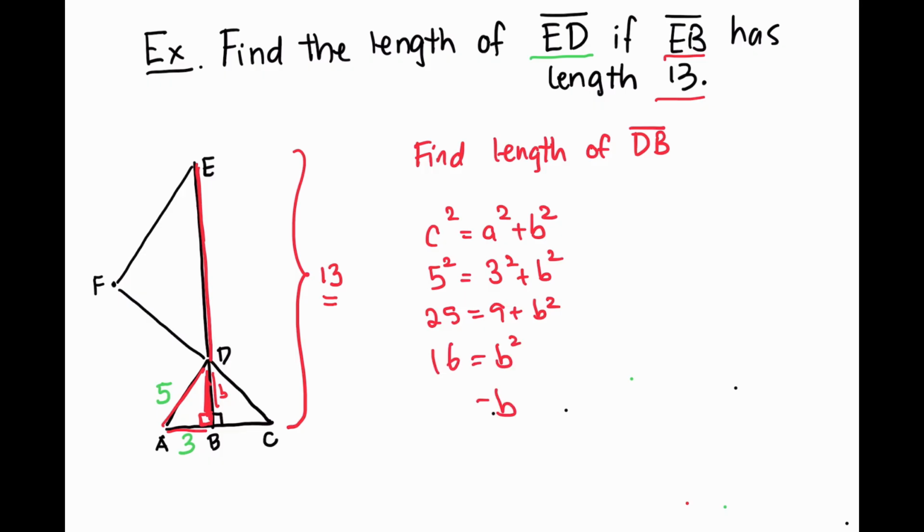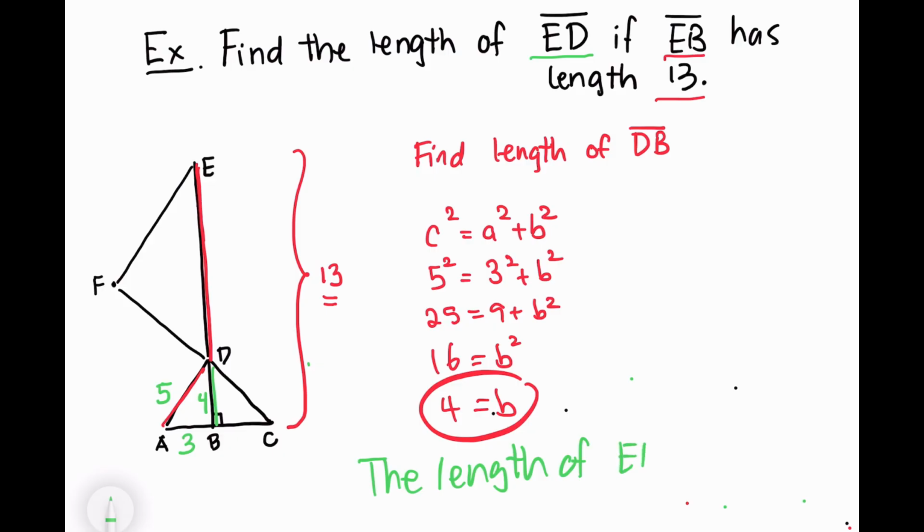So b is equal to 4. So we can actually find the length of this side, and it's 4. That tells us that if the total length is 13 and this length is 4, then the length of ED is 9.